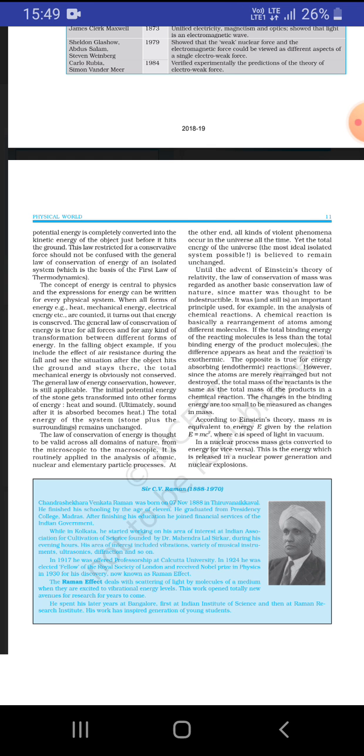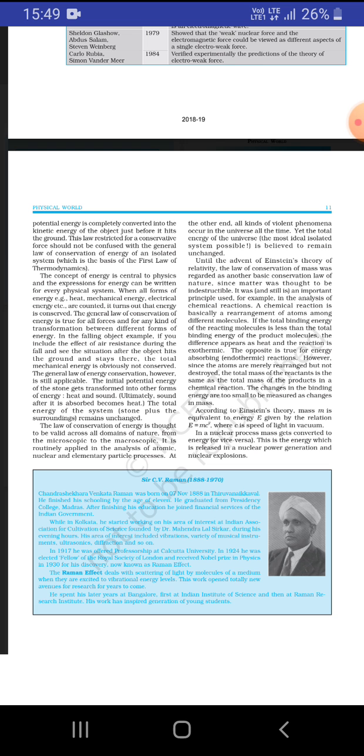In the following example, if you include the effect of air resistance during the fall, when you are falling from the sky, the air resists.